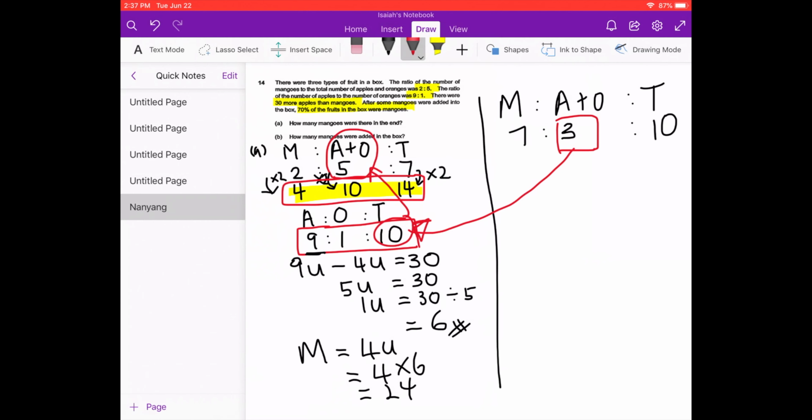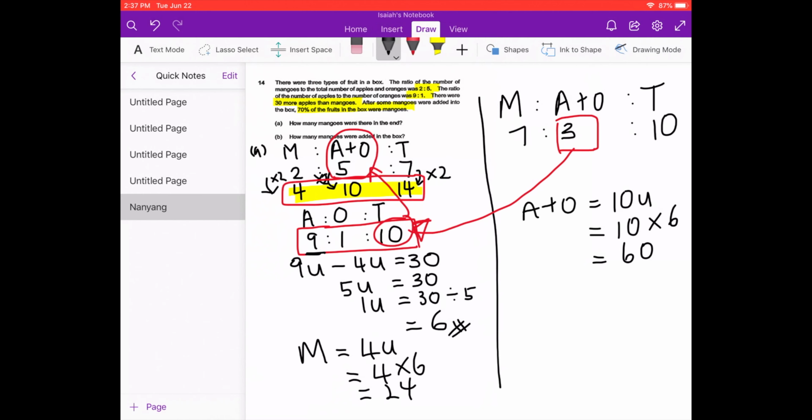So let us find out how many apples and oranges there are first. Apples and oranges combined from earlier is equal to 10u. So we take 10 times 6, that will give us 60. So apples and oranges, there are 60 of them.